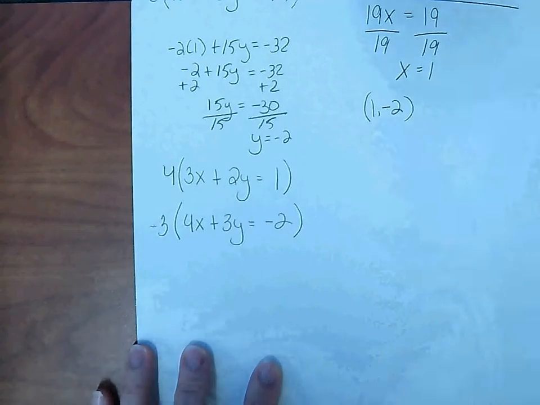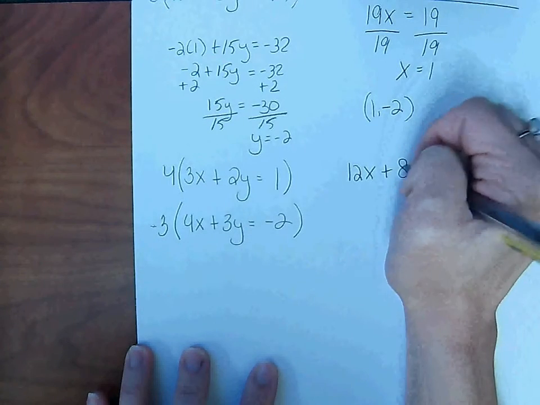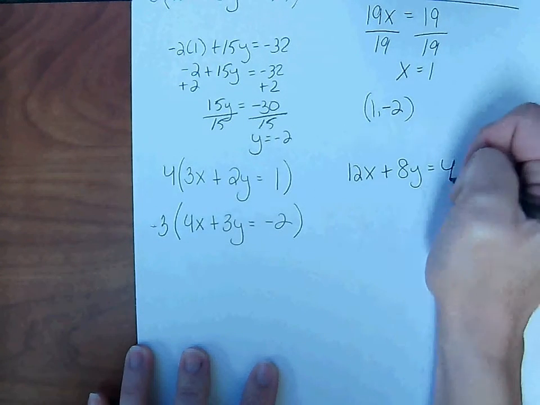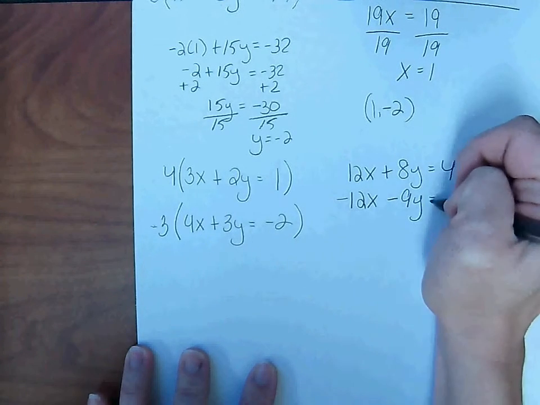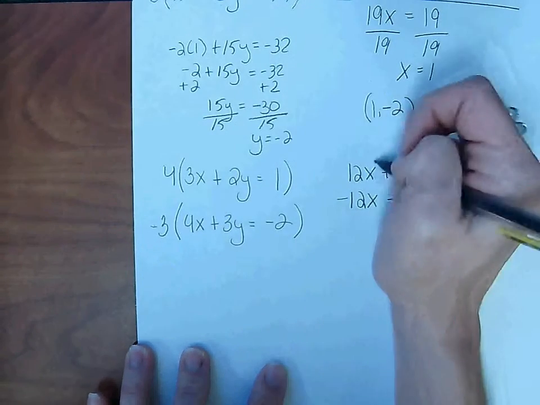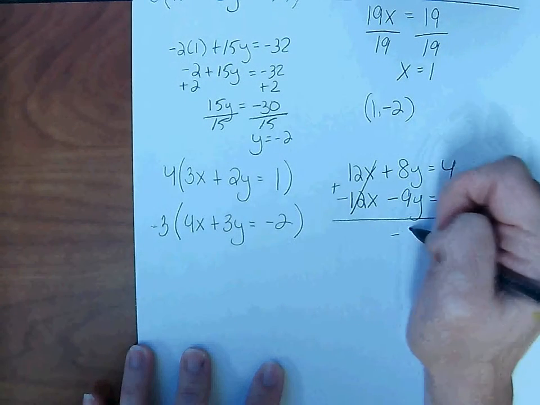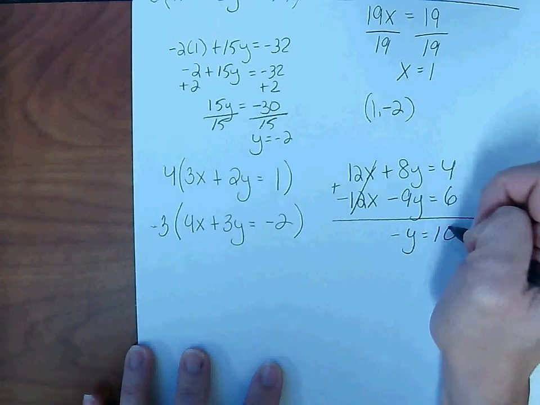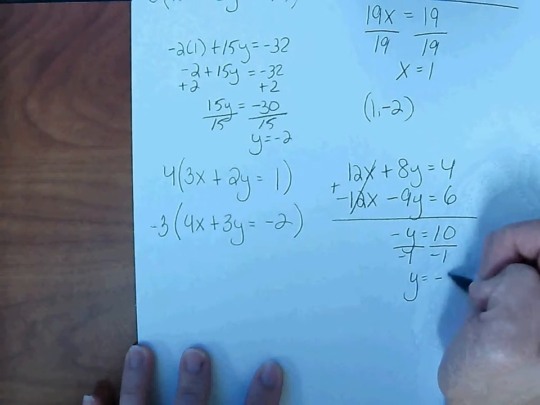So distribute into both equations. 12x plus 8y equals 4, and negative 12x minus 9y equals 6. The x's are going to eliminate, and we're going to end up with negative y equals 10. Divide both sides by negative 1, and y is negative 10.